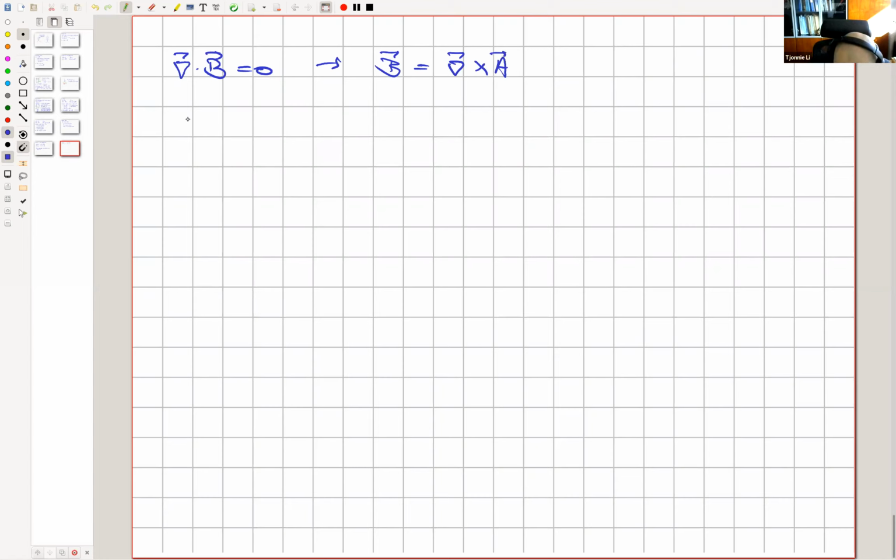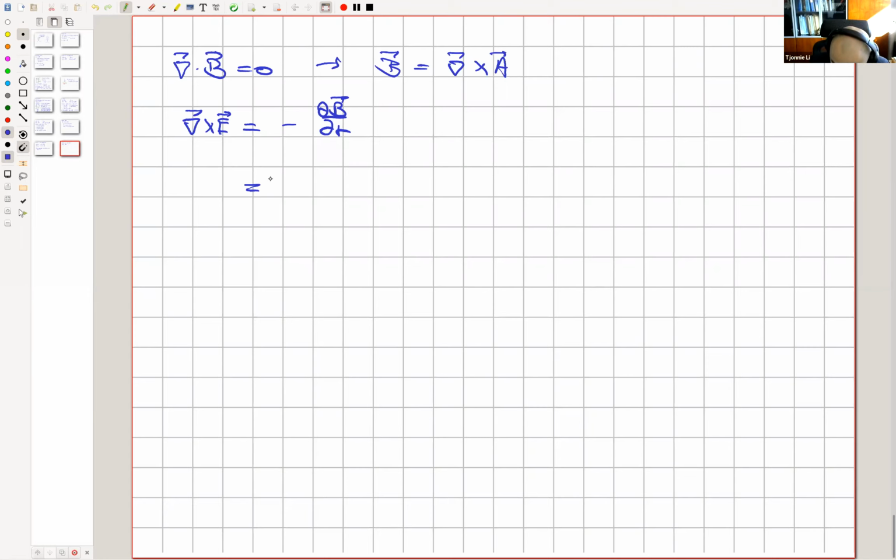And now we know that for E, the curl of E is no longer 0, and so we can no longer write E as a negative gradient of some phi. But we can do something similar. We can actually get something closer. In particular, we know that the curl of E is the negative of the time derivative of B. But B, we know for sure, we can write in terms of a vector potential.